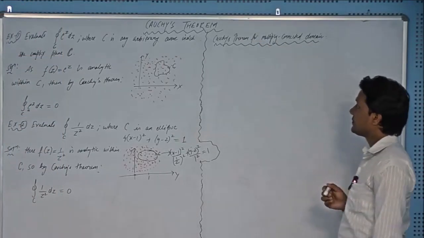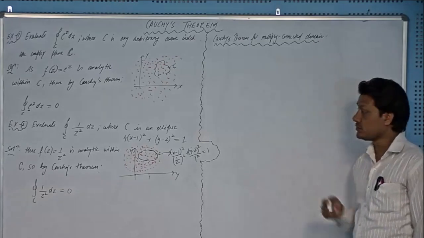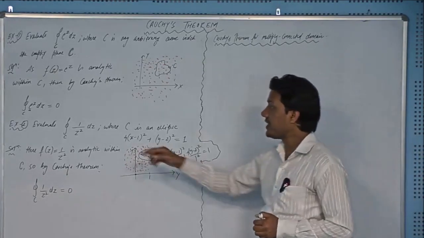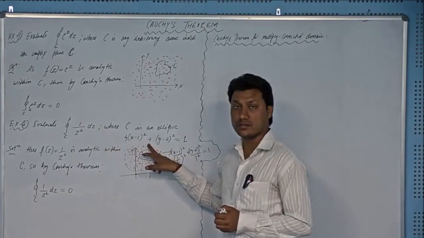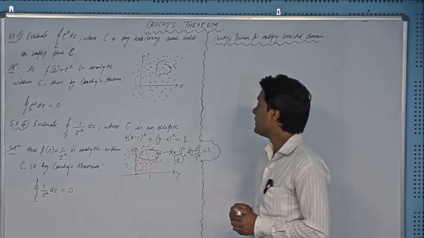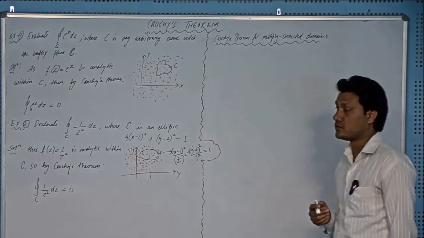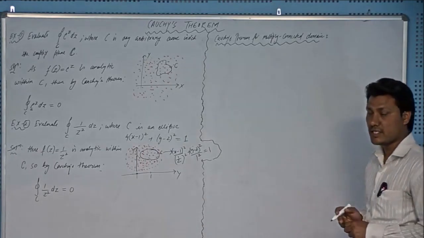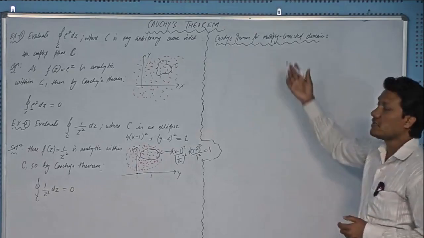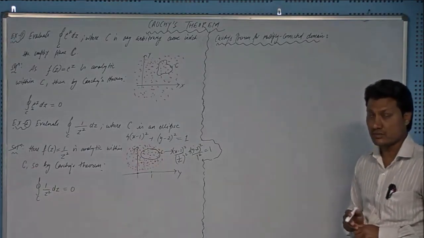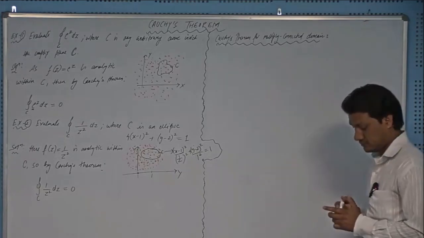So in order to use this theorem for cases when the singularity of the function lies within C, we'll start with first a multiply connected domain. I will draw one or two holes inside it, and we'll derive the result, and then we'll generalize the result for n holes, right? Okay.